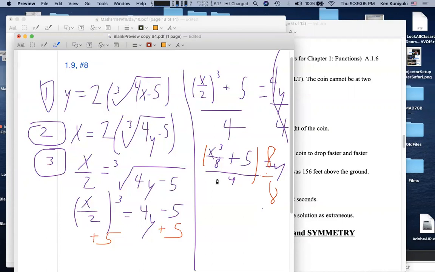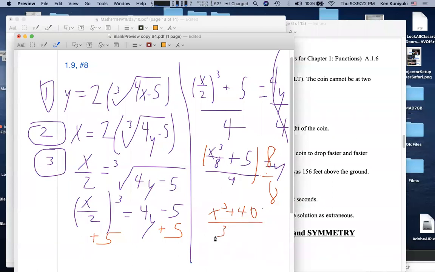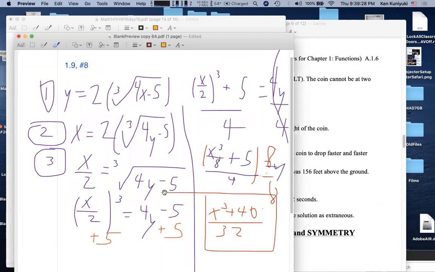So when we do that, when we distribute on the top, we get x cubed plus 40 all over 32. And that's going to be f inverse of x. We have to do this because we don't want a compound fraction as our final answer.